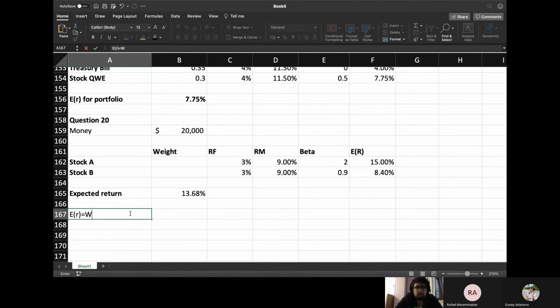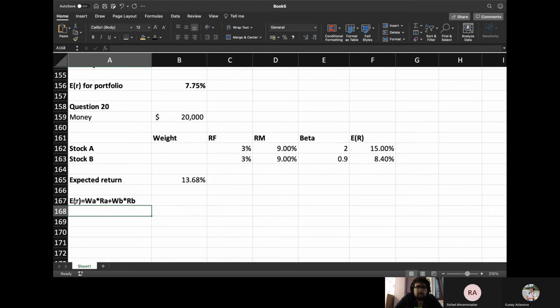ER is equal to weight of A multiplied by return of A plus weight of B multiplied by return of B. We have the target expected return, return A and return B. So you can substitute weight B with 1 minus weight A, because the sum of the weights should be equal to 1.